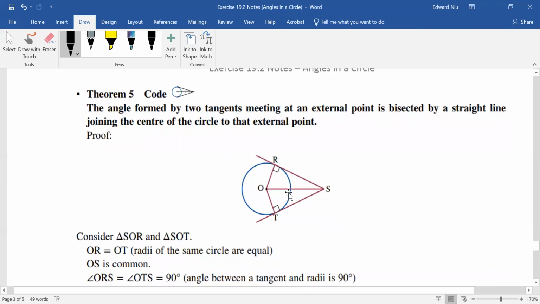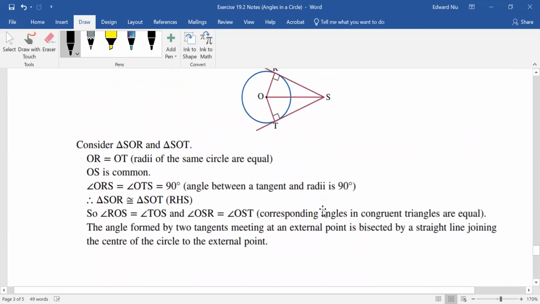And then the rest of the triangle has to add up to 180. So given whatever angle we're given, we can problem solve for the angle at O and the angles at S.